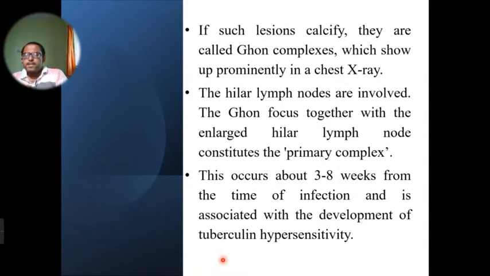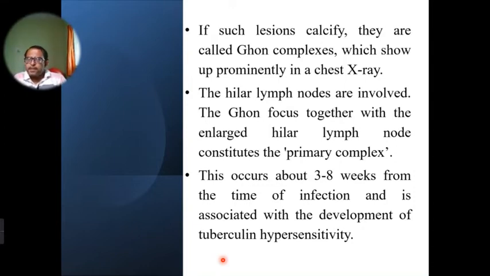If this caseous lesion gets calcified and becomes hard, it is called a Ghon complex, which can be easily observed on a chest X-ray. In that, you can observe this Ghon focus very easily.